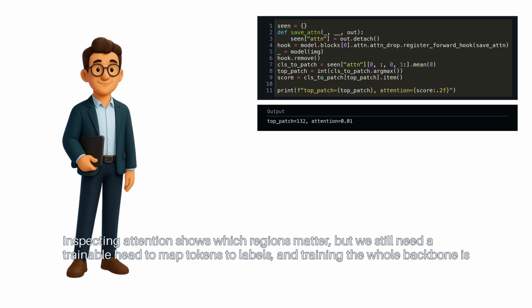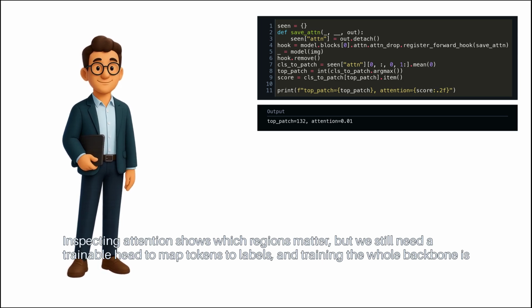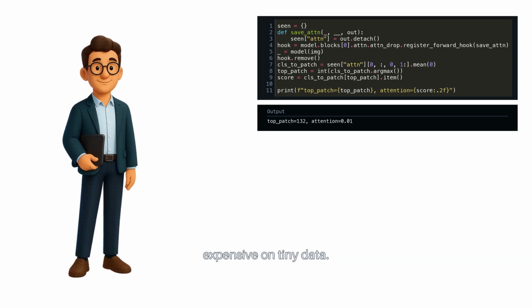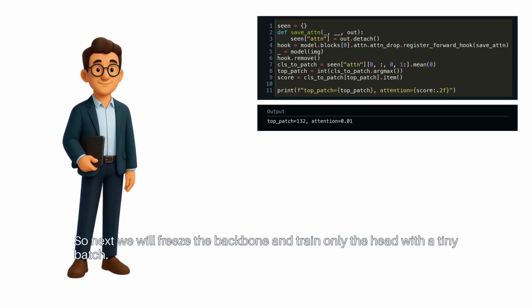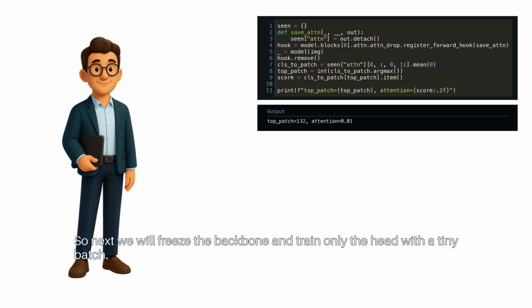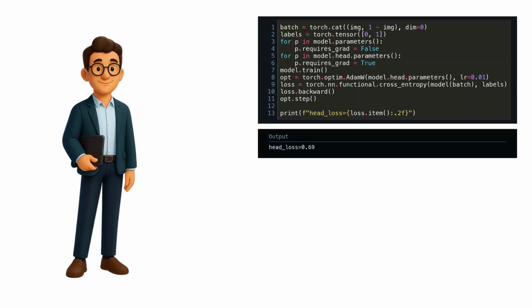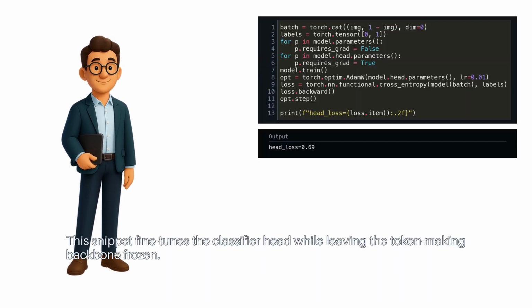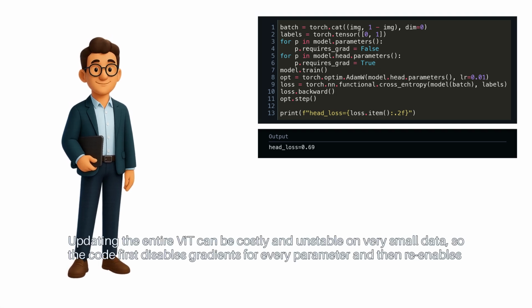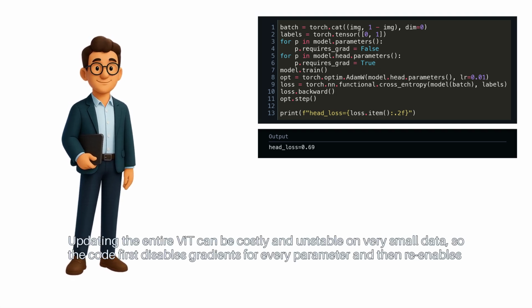Inspecting attention shows which regions matter, but we still need a trainable head to map tokens to labels. And training the whole backbone is expensive on tiny data. So next we will freeze the backbone and train only the head with a tiny batch. This snippet fine-tunes the classifier head while leaving the token-making backbone frozen. Updating the entire ViT can be costly and unstable on very small data.